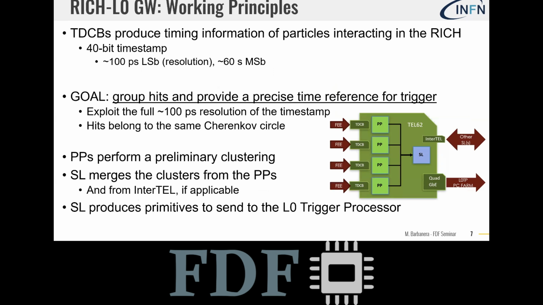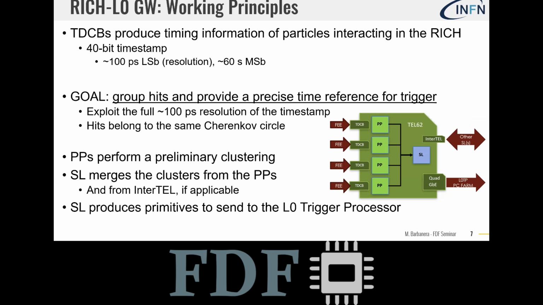The idea behind the gateway for the level 0 trigger of the RICH detector is to produce clusters of hits that occur inside the RICH, providing a precise time reference to the level 0 trigger processor by exploiting the full time resolution of the timestamps.